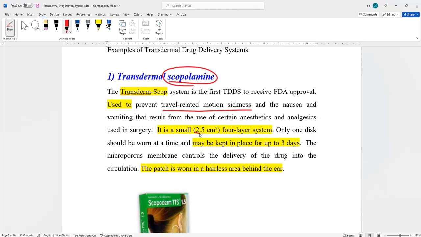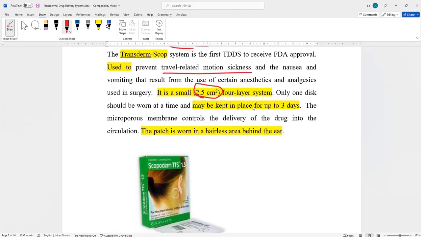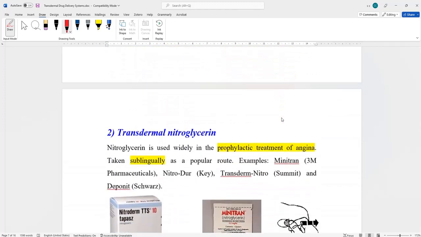It's small, 2.5 square centimeters, and it can be kept behind the ear in a place where there is no hair, like here, for example, you see here, okay? It can be kept there for up to 3 days, okay? So it's something suitable.